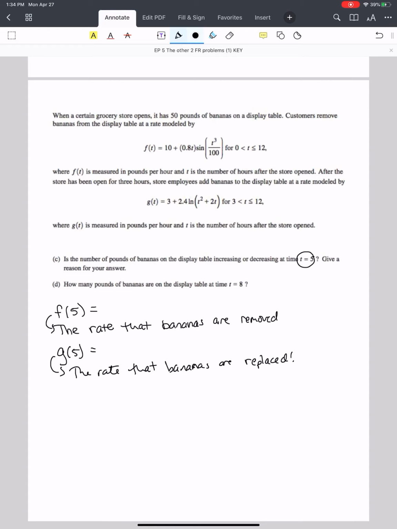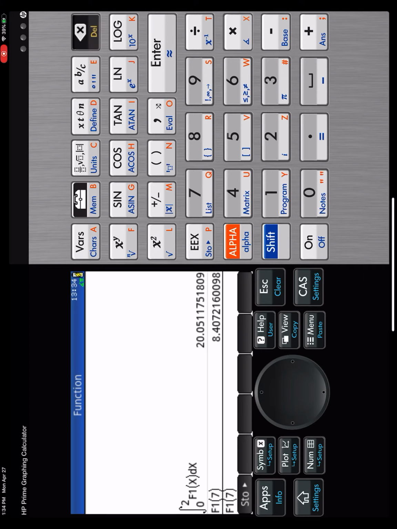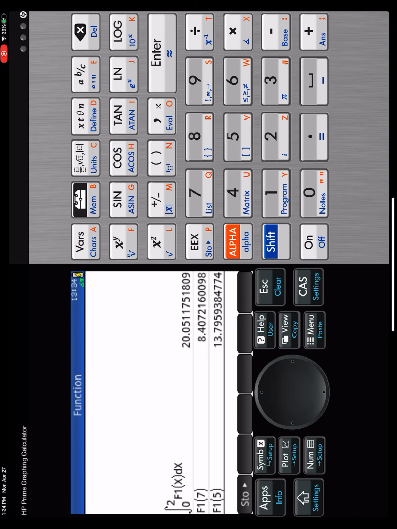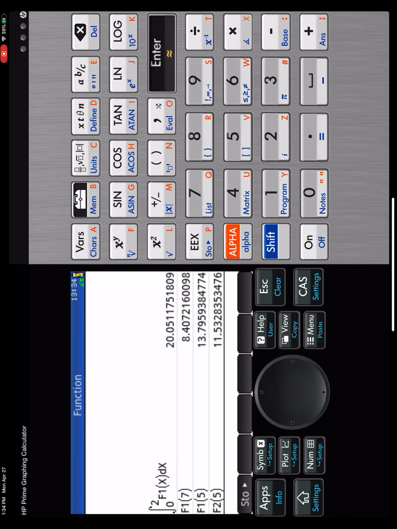So now I'm going to go to my calculator, and I think I have it in here. I didn't, so let me just put it in here. Enter, and I'm going to make that a 5. Enter. And then I want to do f of 5, alpha f2 of 5, and that would be the other one. Enter.